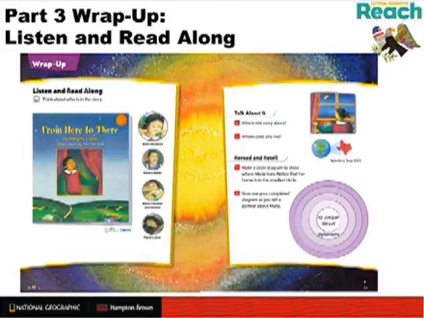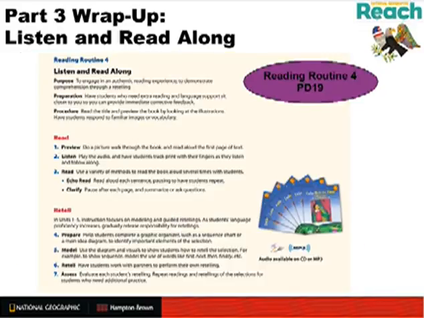And Part 3's wrap-up is listen and read along to the big book. So you can see how the wrap-up activities vary, but each one of them helps students review what they've learned and go beyond echoing and manipulating general language to generate purposeful language at much higher levels. Again, this one uses a reading routine.